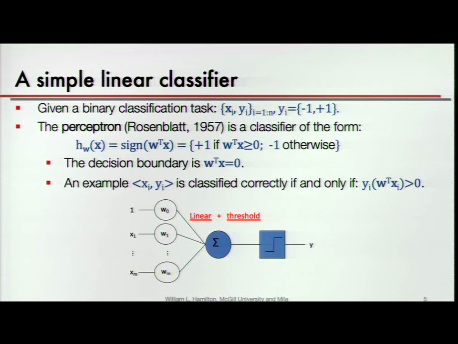And the way that we're going to do this classification in the simplest possible decision boundary approach is we're going to just draw a linear threshold. So we're going to say our classification is going to be the sign function applied to our learned parameter vector times the features.